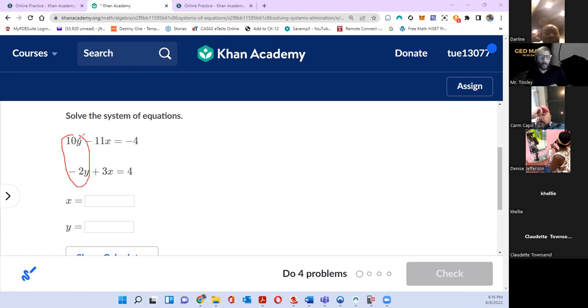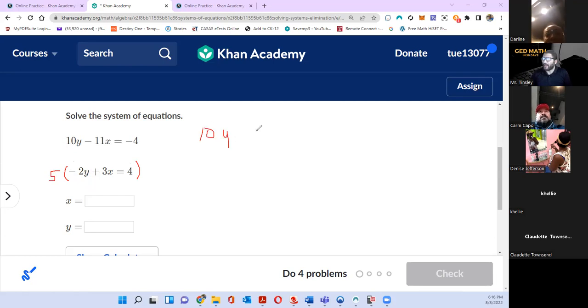What's the opposite of positive 10? Negative 10. So what do I have to multiply this second equation by for that term to be negative 10? Is it 5? 5. So then we're going to bring this one over, 10y minus 11x equal negative 4.